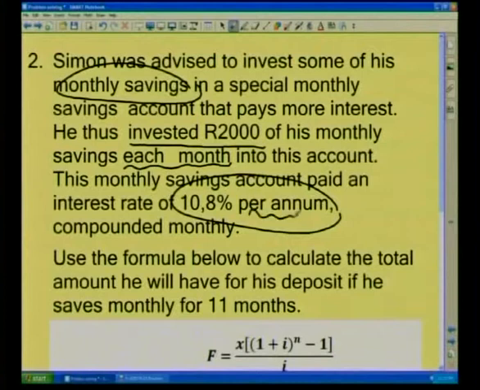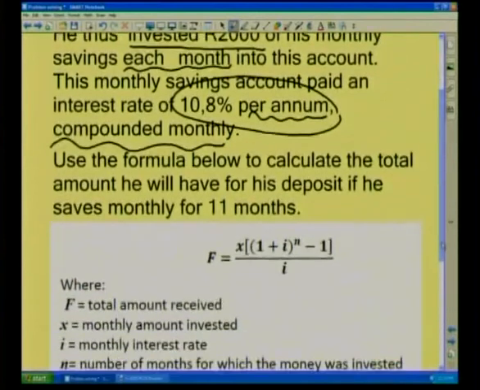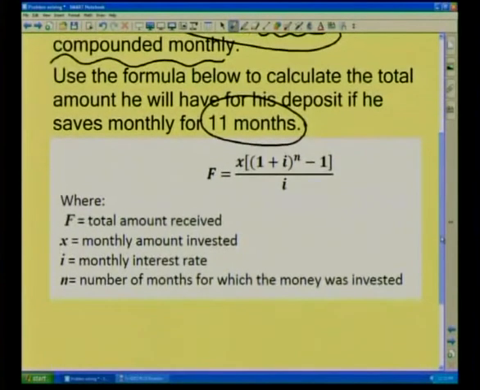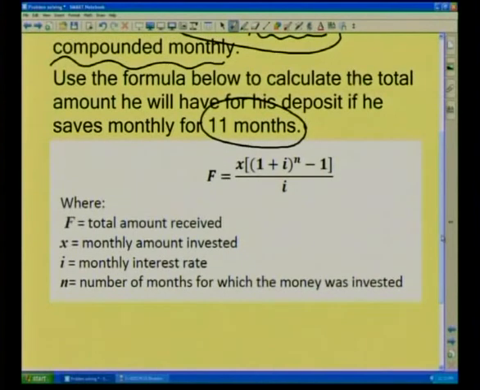Please note it's per annum, not per month, compounded monthly. Use the formula below to calculate the total amount that he will have for his deposit if he saves monthly for 11 months. Please look carefully at what the formula is and actually note what these actual symbols mean.